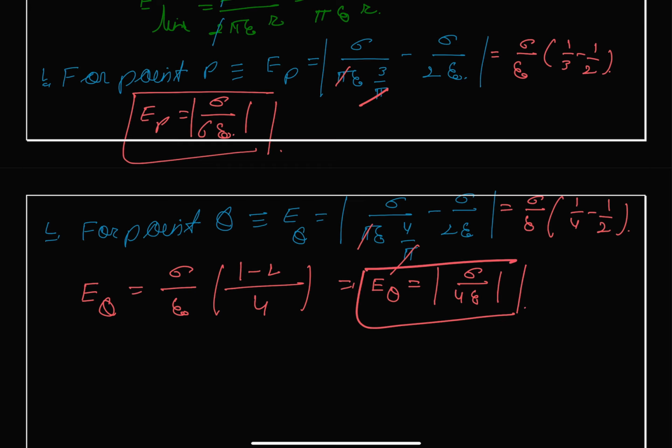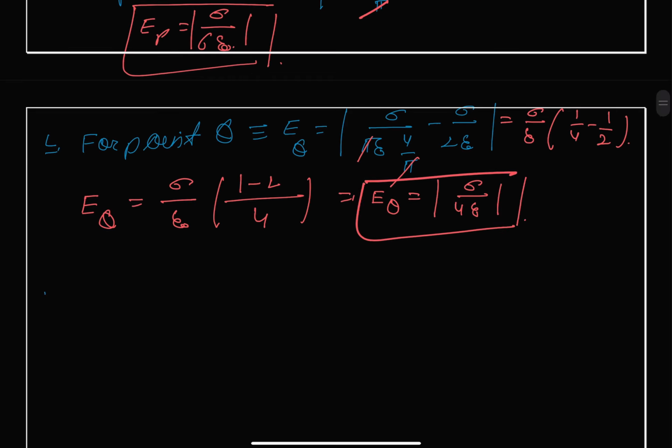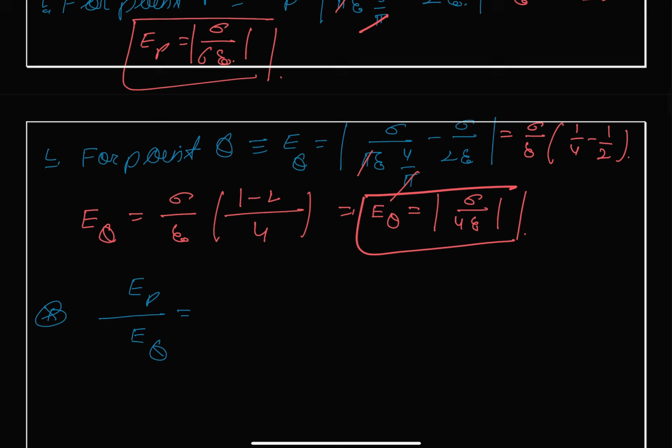We are going to find out a ratio, so we can say EP upon EQ will be equal to, and EP is sigma upon 6 epsilon naught divided by sigma upon 4 epsilon naught. Here epsilon naught and sigma cancel out, and this comes as 4 by 6, which will be 2 by 3.